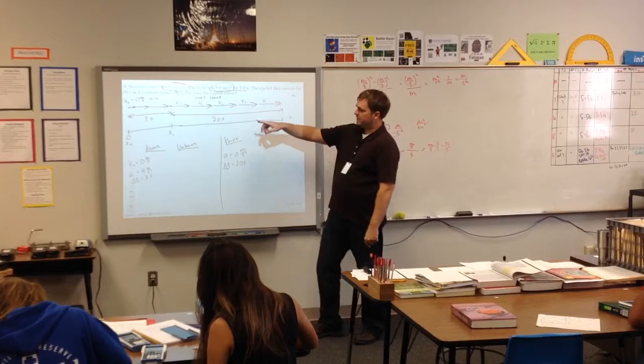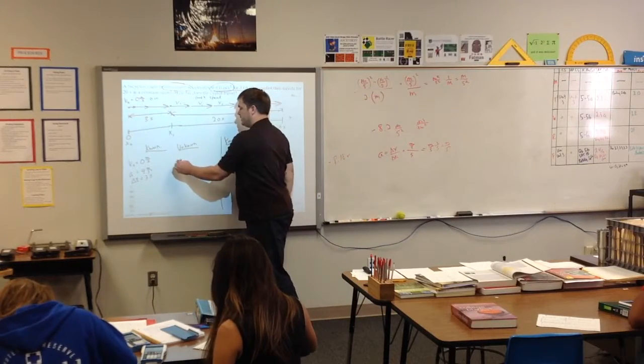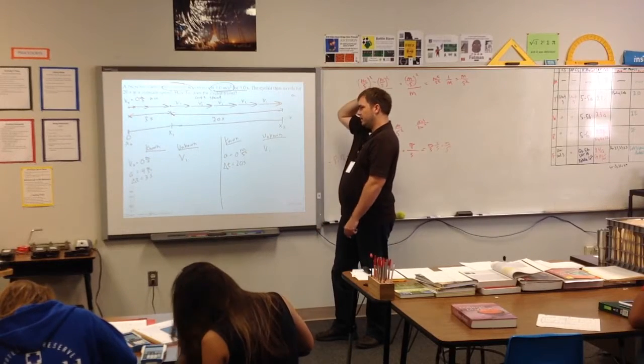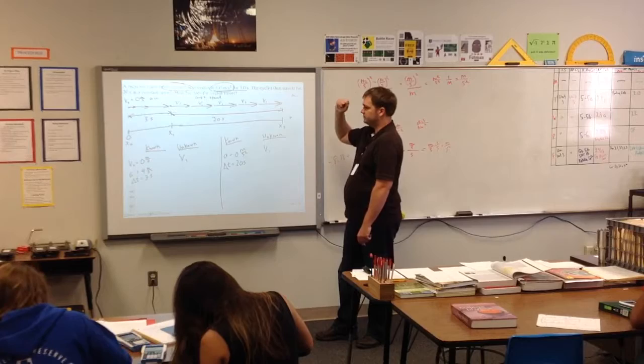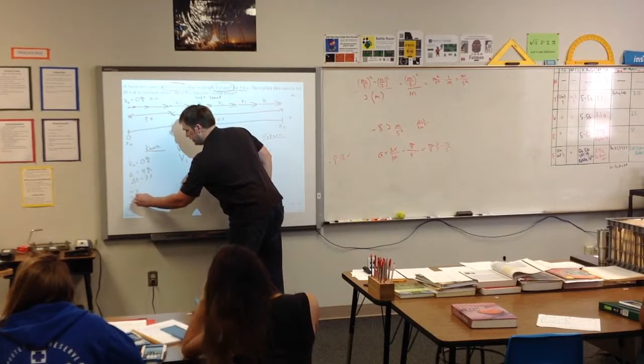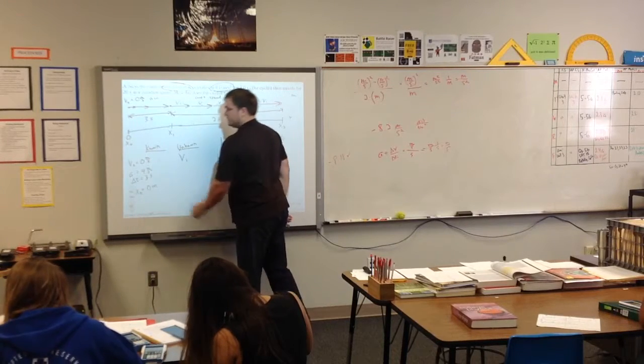What's nice is that V1 is also the final velocity that he hits right there, so I'm going to call that V1. We don't know what V1 is there either. We do know, because we've determined it, that his starting position is at 0 meters.